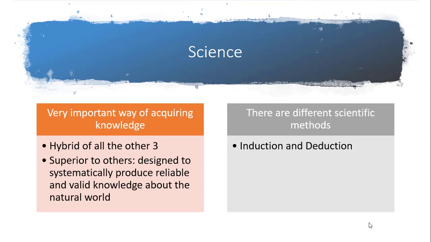And the scientific method is much more superior because it is systematically designed. This system, because of its qualities, makes sure that we can generate reliable and valid knowledge about phenomena, about issues, and about the natural world.